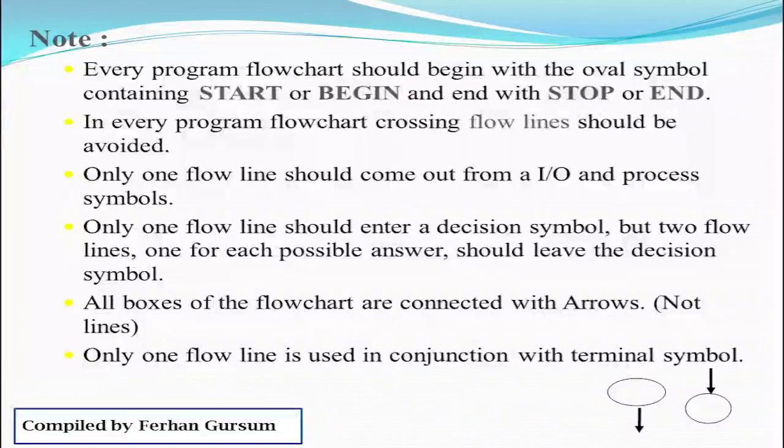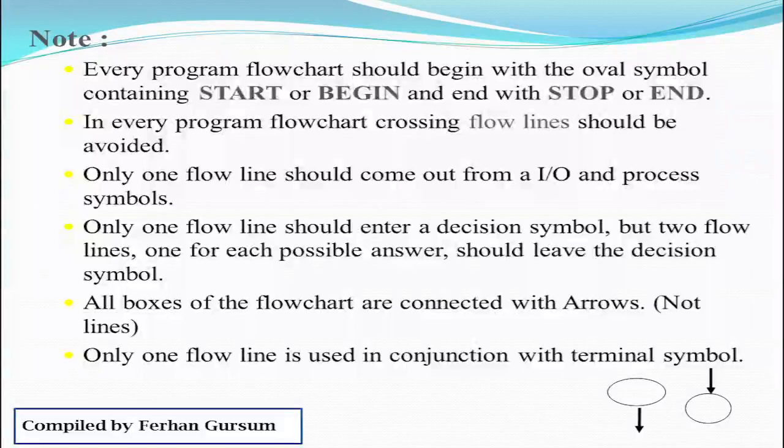This is number 1. On second, we have what? In every flowchart, crossing flow lines should be avoided. Okay. On the third one, only one flow line should come out of the input-output and the process symbols. Okay. On the fourth one, only one flow line should enter a decision symbol, but 2 flow lines, one from each possible answer, should leave the decision symbol.